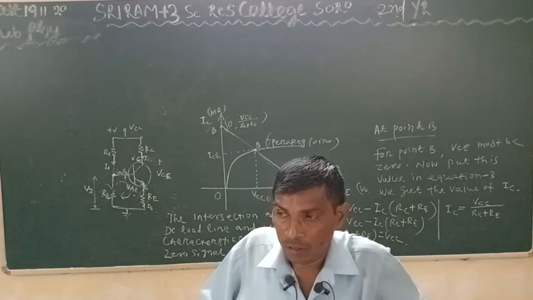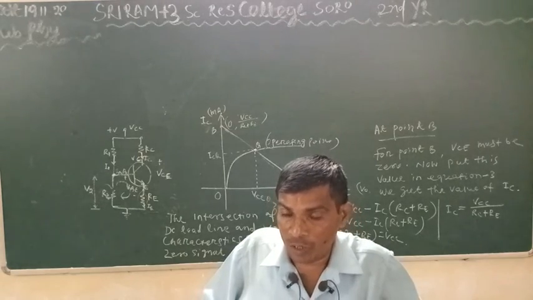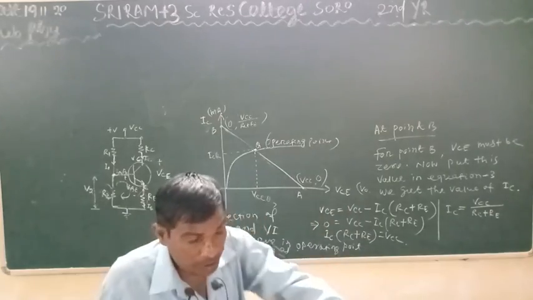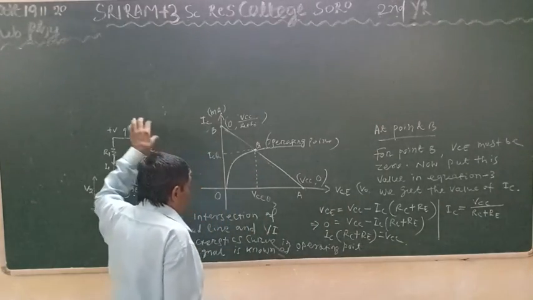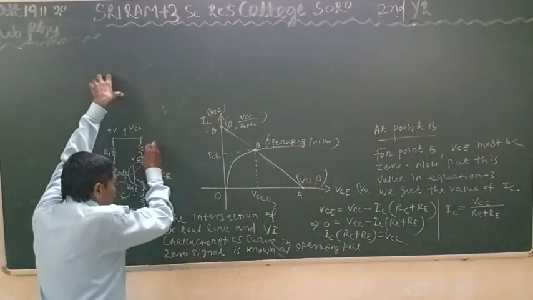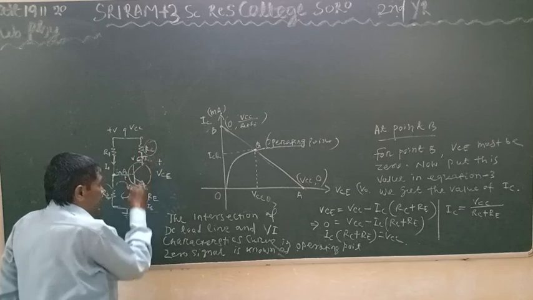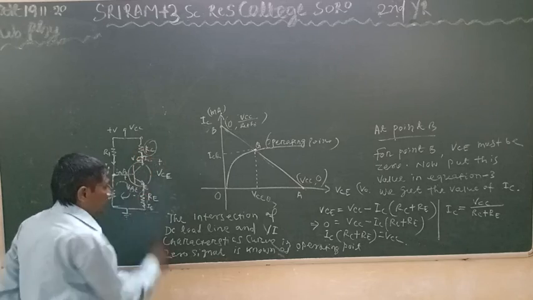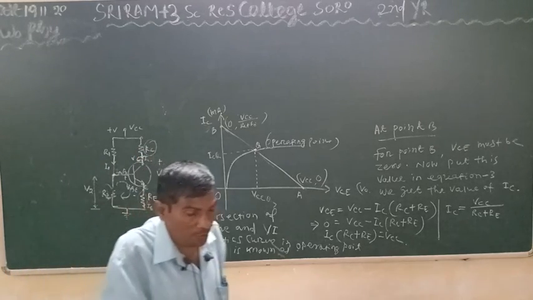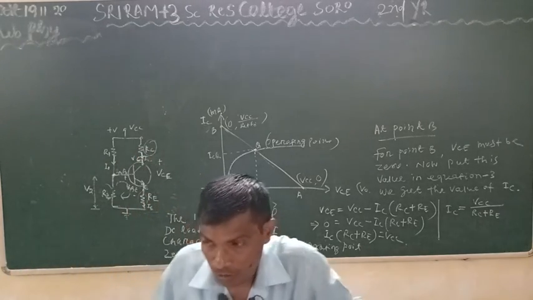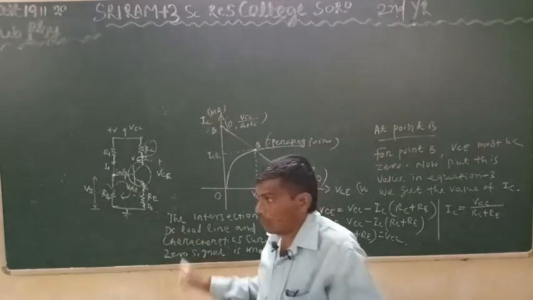But here the collector current does not depend upon RC. Now this is a question: when RC is increased or decreased, what is the value of IC? It does not depend upon RC because it has no dependence on beta.